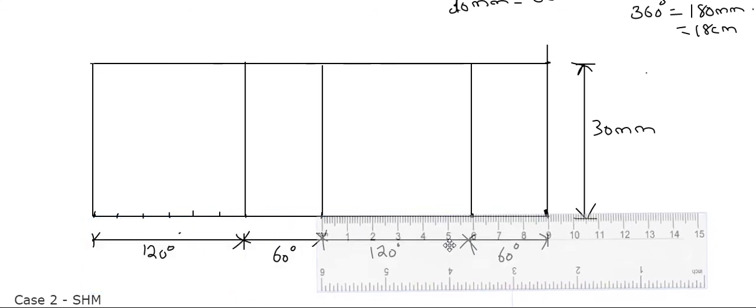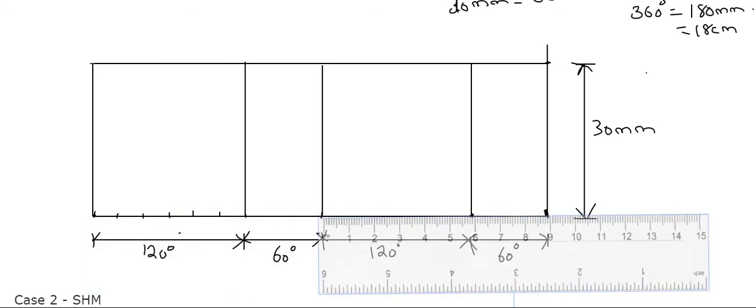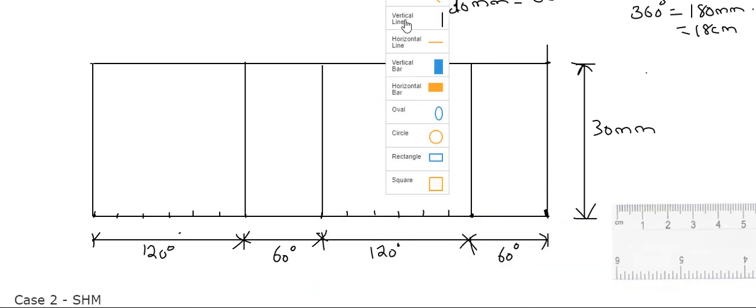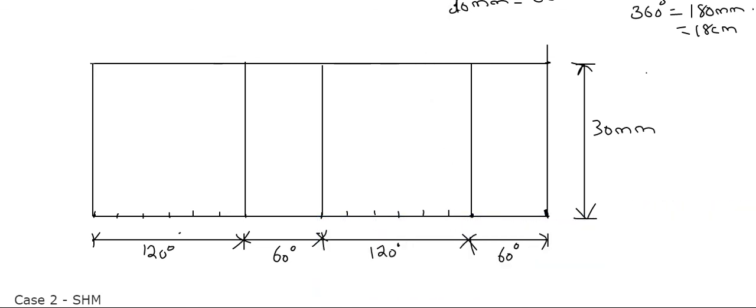Dwell, we don't have to divide anything. Only return and outstroke we want to divide. It is better to do it in the equal number of parts on both outstroke and return. Okay. So now you construct the lines again. You can use a smaller bold line to do that if you have. Otherwise, you can do it with the solid lines.